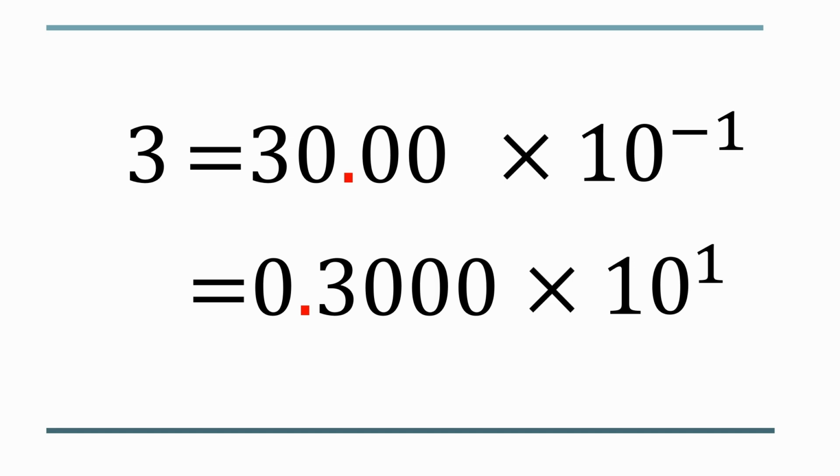Notice that moving the decimal point twice to the left forces us to adjust the power of 10 by increasing its index by 2. Minus 1 plus 2 equals 1. You can say minus 1 or negative 1. Both are perfectly acceptable terms.